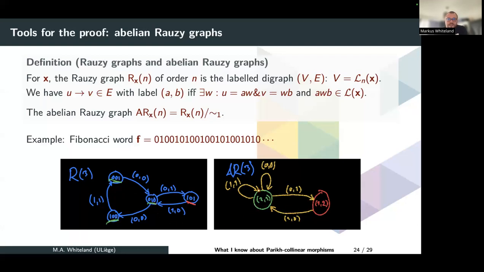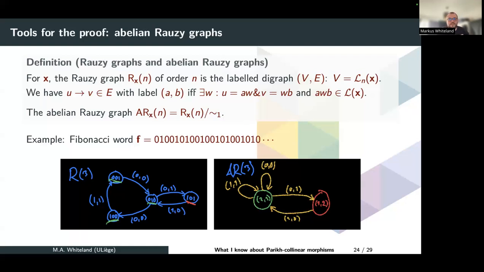They'll be identified as 1, but we're going to keep the edge labeled 0, 0. So this is this edge here. And we're going to keep the edge labeled 1, 1. Right? And then we have a singleton abelian equivalence class here. So this is just mapped to this vertex. And we're just keeping the same labels there.